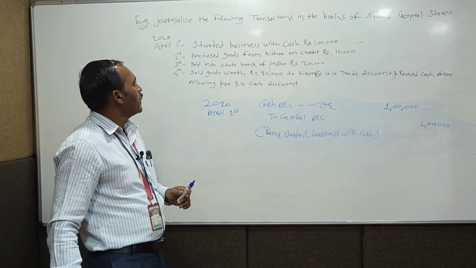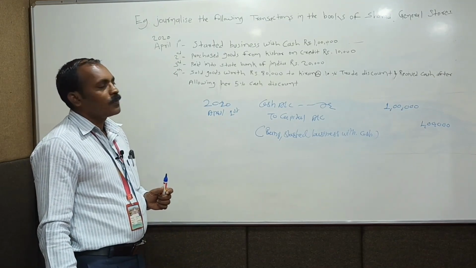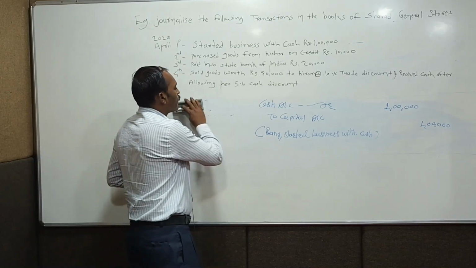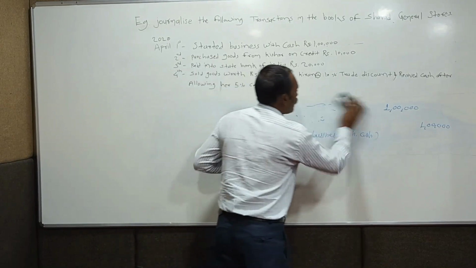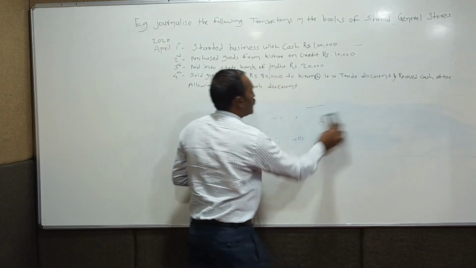So the next transaction is on 2nd April, purchased goods from Kishore on credit rupees 10,000. In this transaction, goods purchased on credit means cash is paid at a future date.